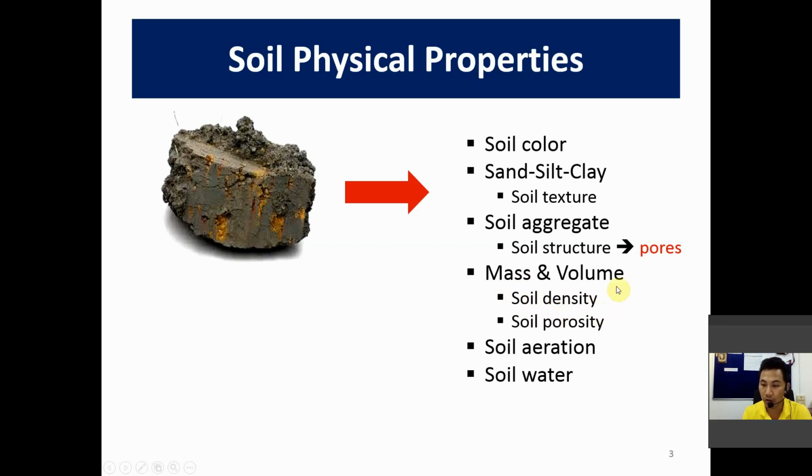It's good to know these properties of the soil that help us manage the soil in the right way, to keep the soil resource in use longer for the next generation as well. And soil aeration, of course, and water. So we will get into the detail of all of these items later on.